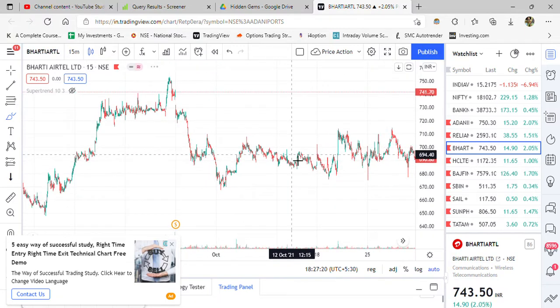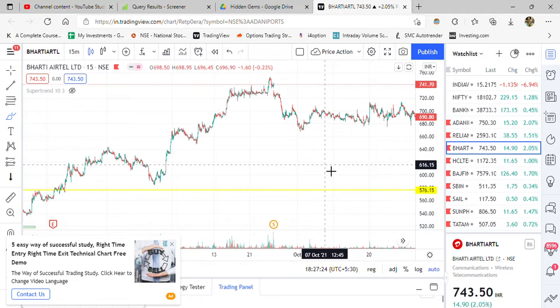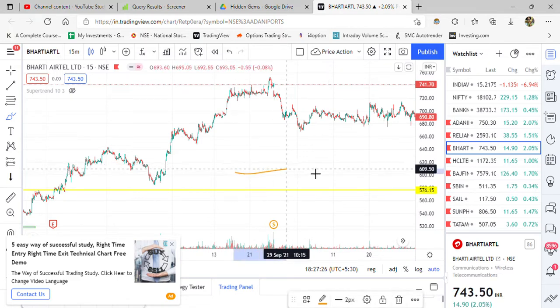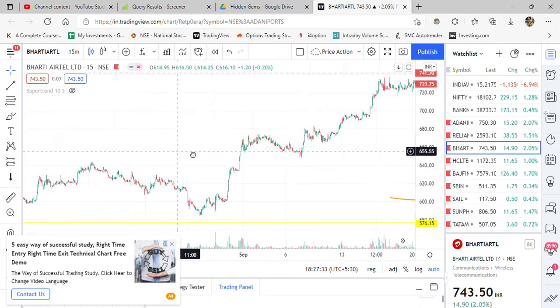Let's find out. I have not pre-marked this, I am just finding it randomly. Sorry. Now see here what had happened.